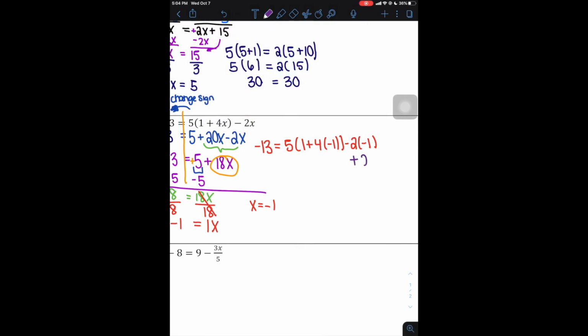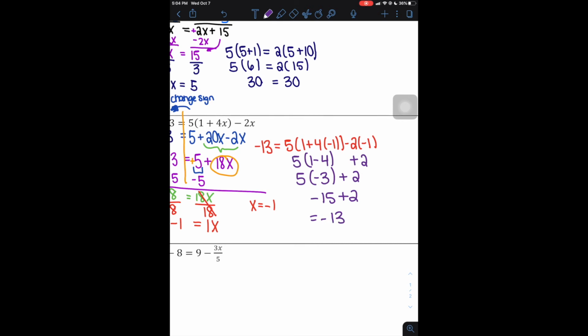This will turn into a positive 2. Negative 15 plus 2. And yes, things do check out as they're supposed to. So yes, our answer that x is negative 1 is correct.